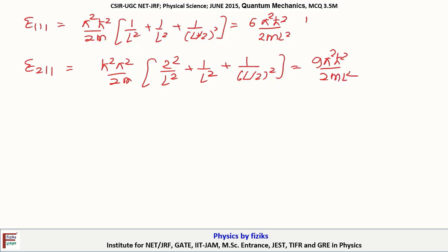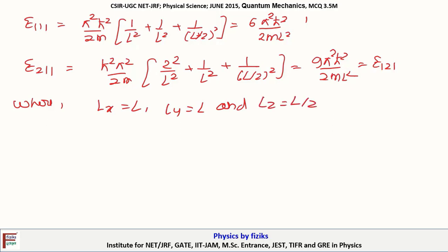This state is degenerate, which means the same energy we can get with this. Here we have used Lx equals L, Ly equals L and Lz equals L by 2.